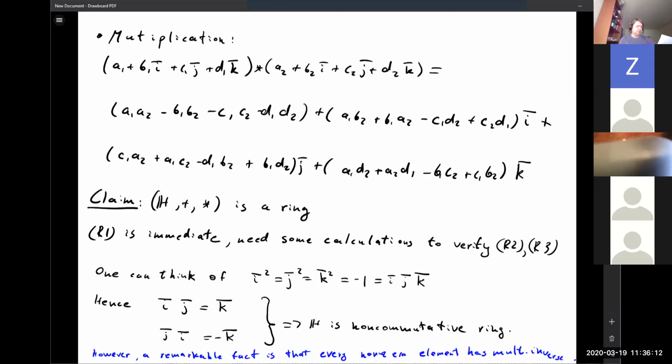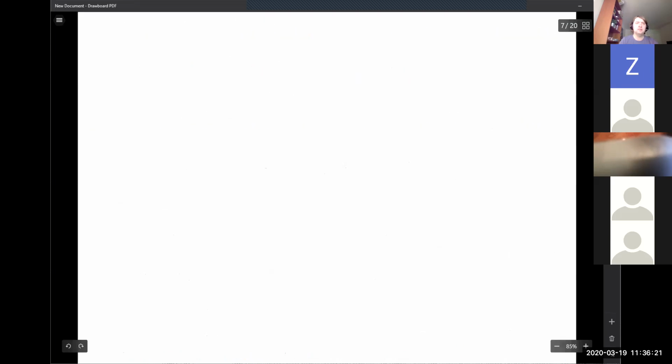Okay, so to conclude on these strange examples of rings, let me mention also the ring of differential operators. So this will be example 5.